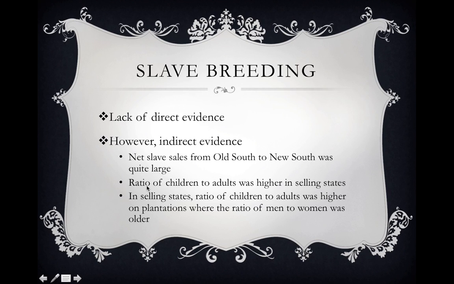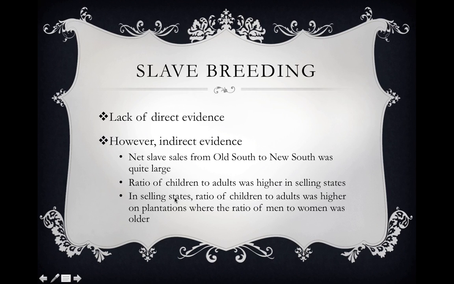When we look at the states that were net sellers, there was a greater ratio of children to adults in the selling states, which would give an indication that there was a higher production of children in those states. Once again, it doesn't prove that slave breeding existed, but it is circumstantial evidence that slave breeding existed in the Old South.